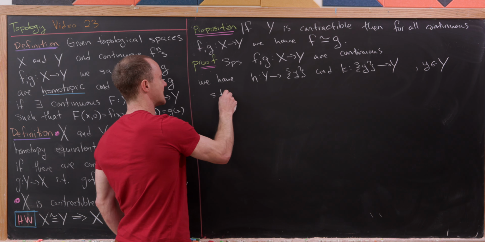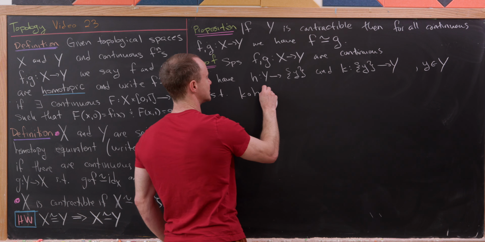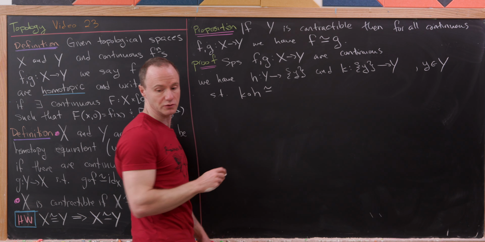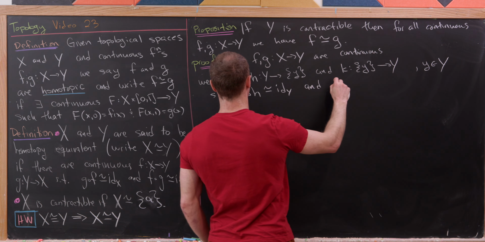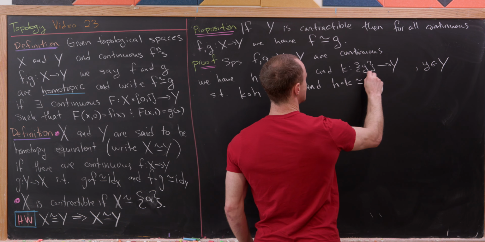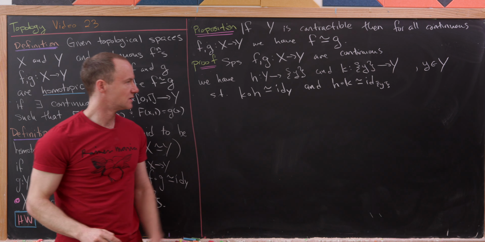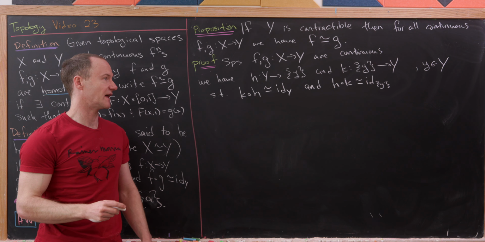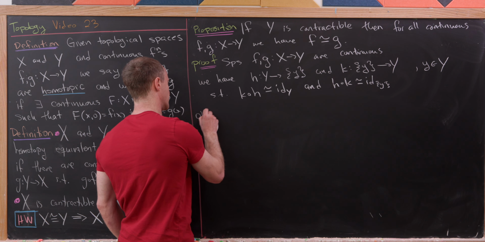Okay, and these things satisfy the following conditions. So we have k composed with h is homotopic to the identity function on Y, and h composed with k is homotopic to the identity function on that singleton, which is really just the only continuous function on that singleton for what it's worth. And now let's observe the following.